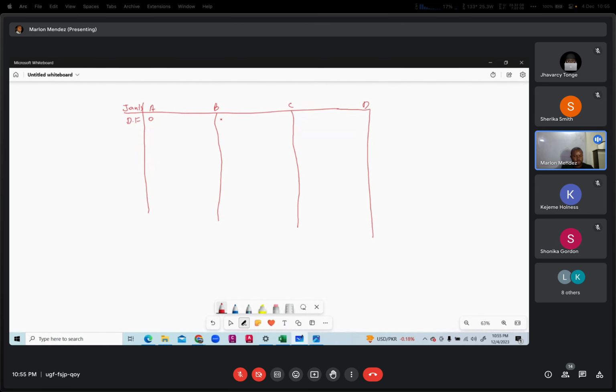All right, so for the distribution factor table, again, using the same distribution factor table, 0.6, 0.4. So this doesn't change.